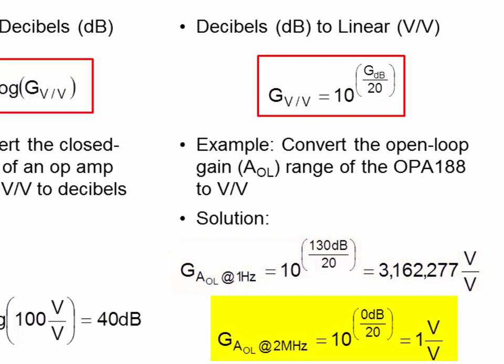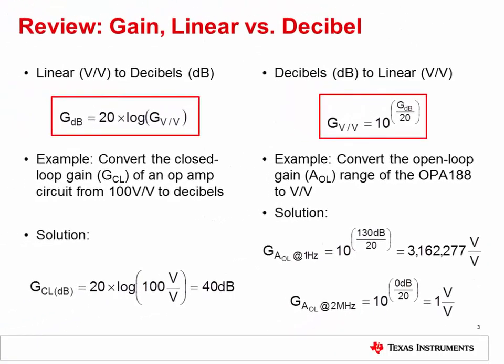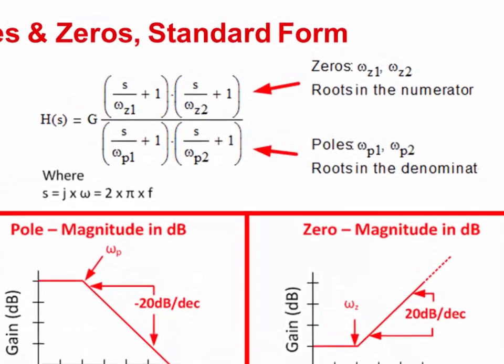At 2 MHz, the open-loop gain is 0 dB, which equates to a linear gain of 1 volt per volt. Ultimately, we find it's much easier to represent such a large range of values using decibels instead of volts per volt. Now let's take a look at poles and zeros.